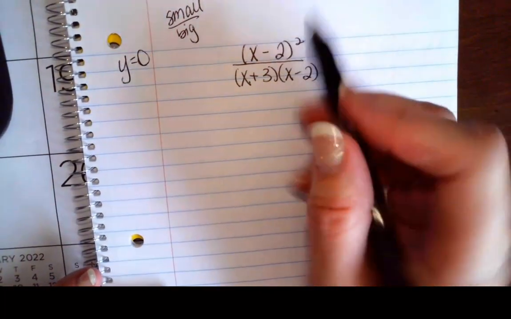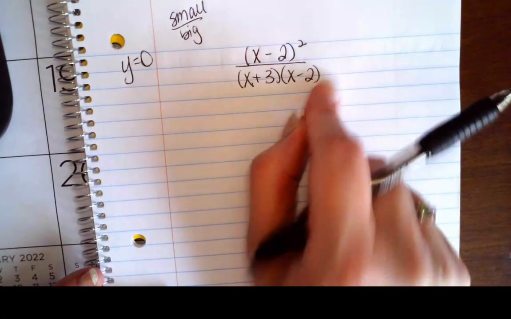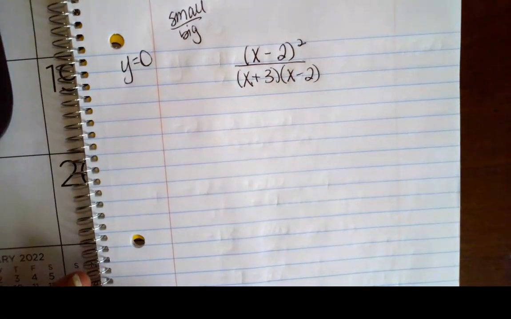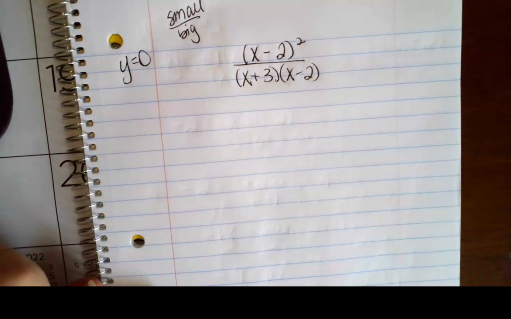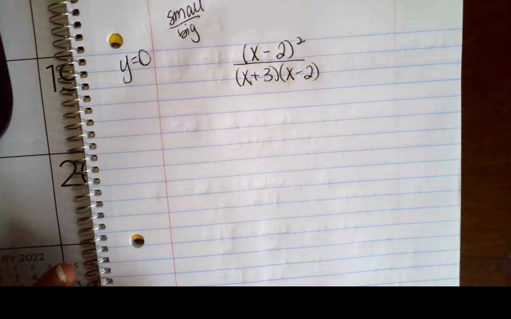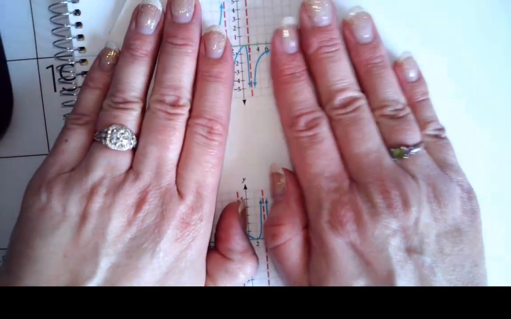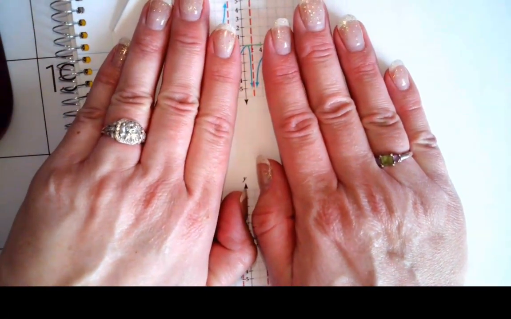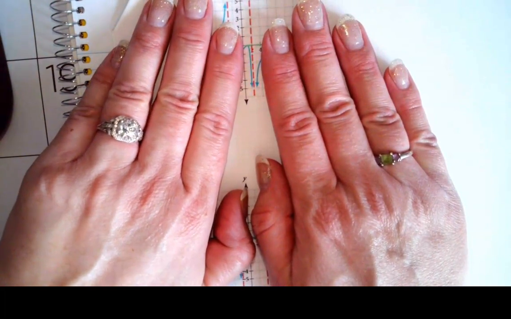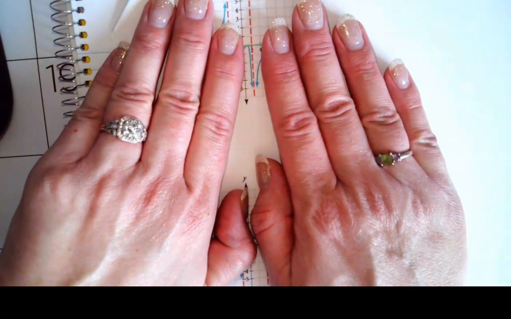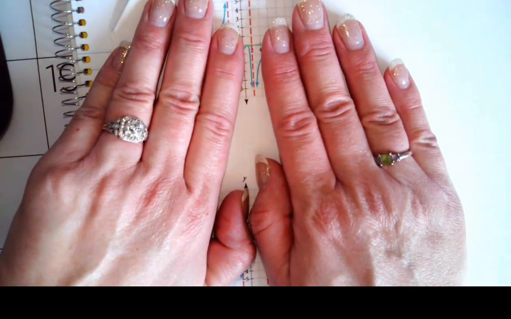So what I know is that one of these two things needs to be squared. I've got to figure out which one it is. If you look at this and compare it to your toolkit functions, the behavior of this one will be compared to 1 over x squared.